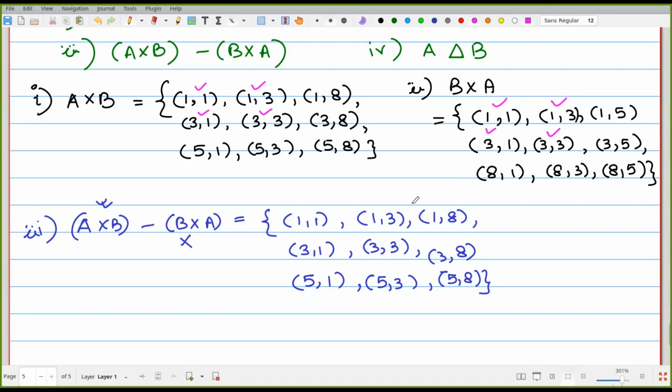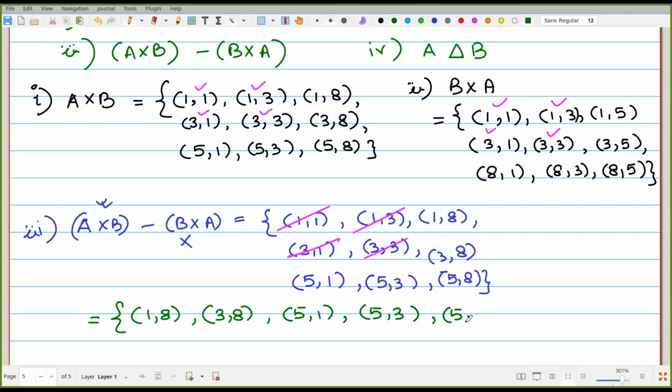Any other elements? No. So we can remove (1,1), (1,3), (3,1), (3,3). So what should be the answer here? That is (1,8), (3,8), (5,1), (5,3), (5,8). So that is our subtracted part.